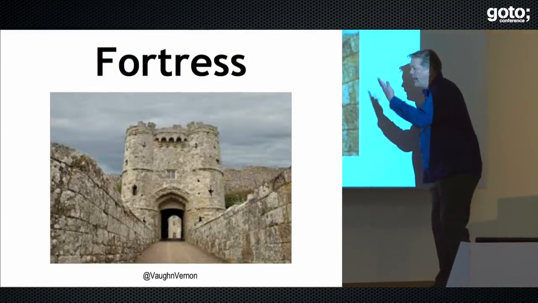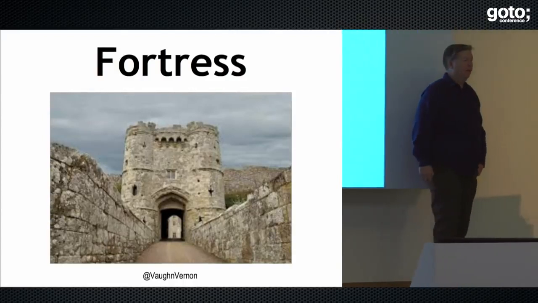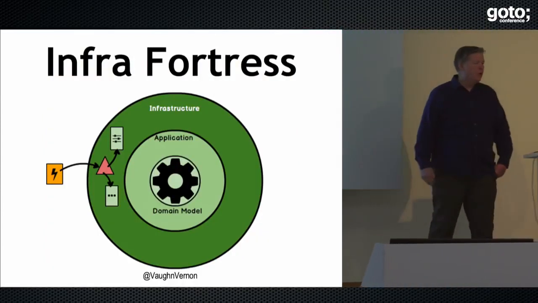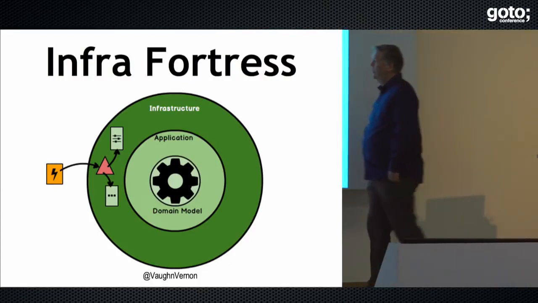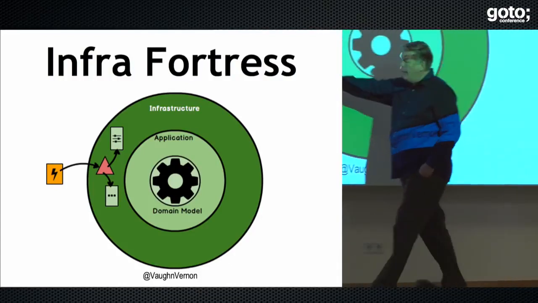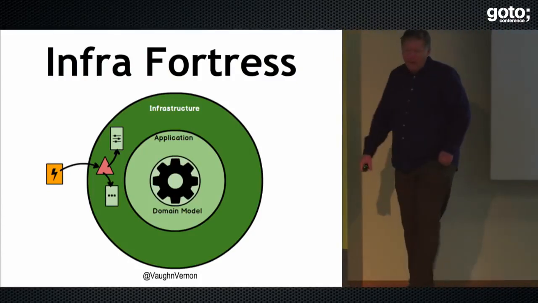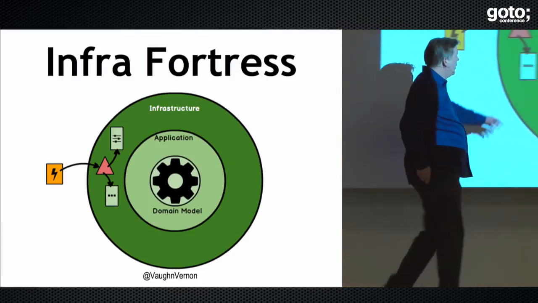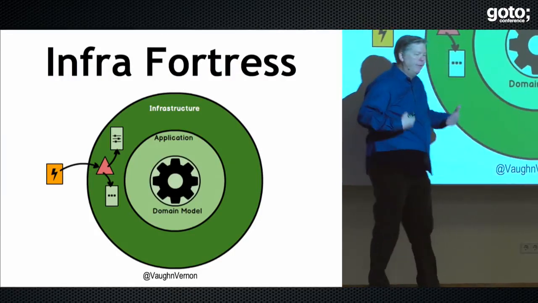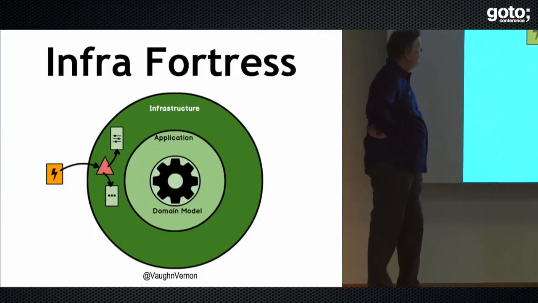Then we tend to build a fortress around our bounded contexts. And this fortress can be rendered like this. So here we have a domain event wandering in, finding its way into our bounded context. Ultimately, we want to do something in our domain model that reacts to this fact that we see coming in from the outside.